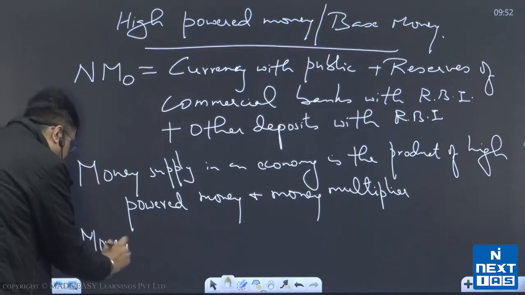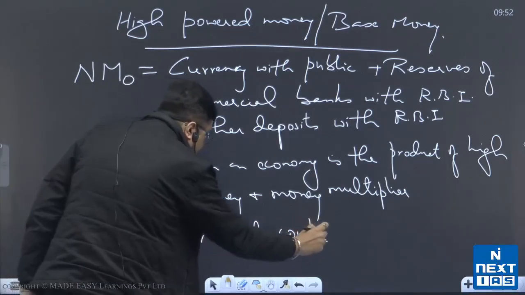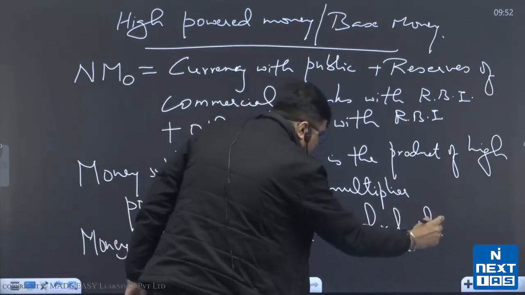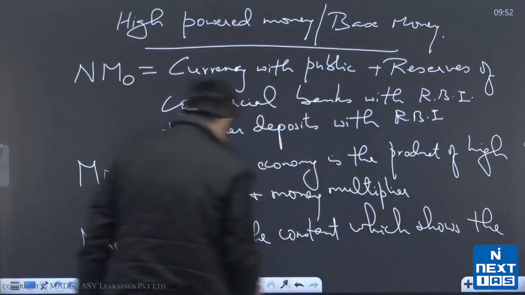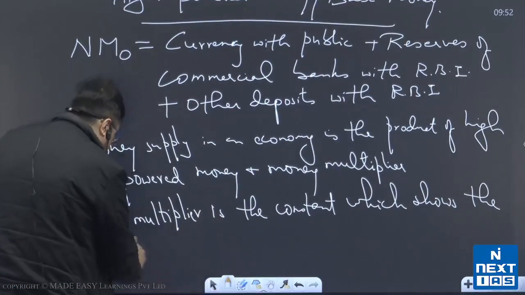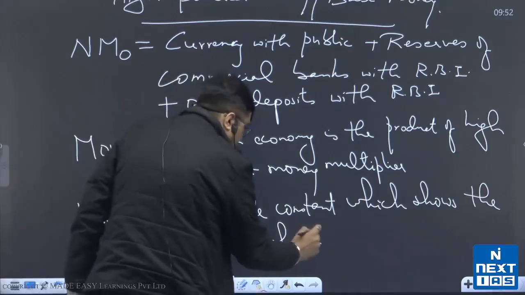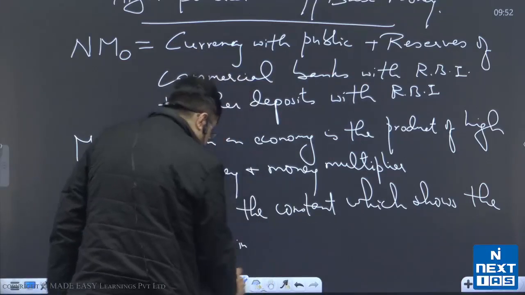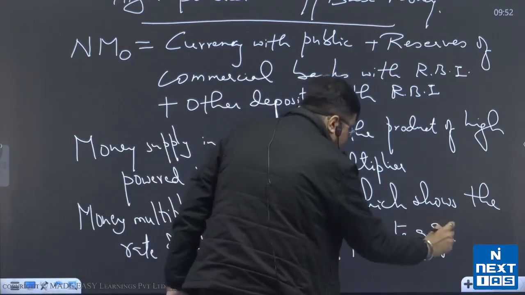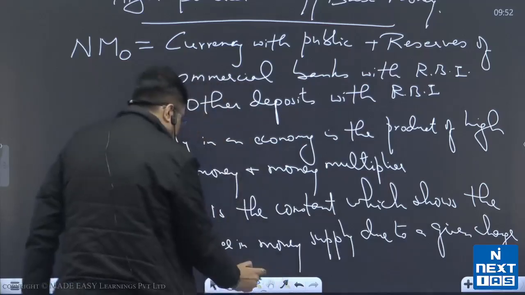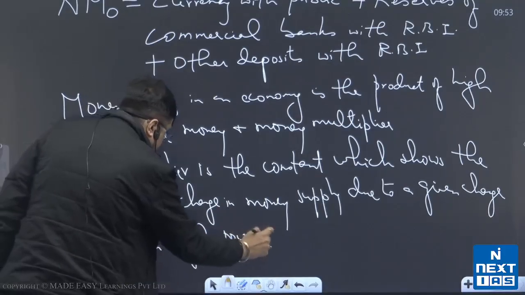So we say that money multiplier is the constant which shows the rate of change in money supply due to a given change in high-powered money.